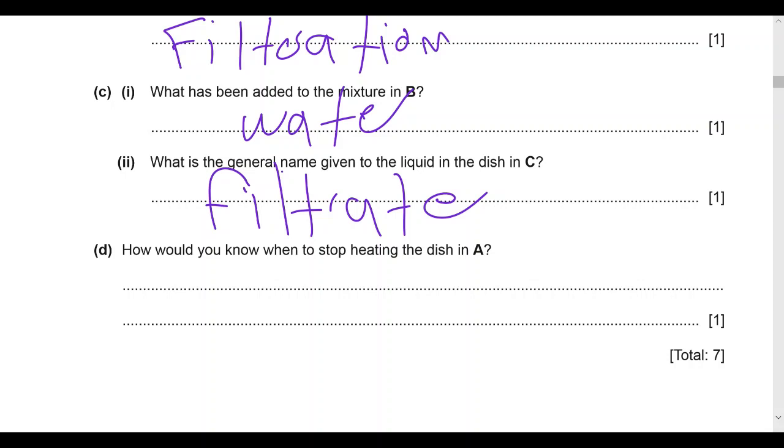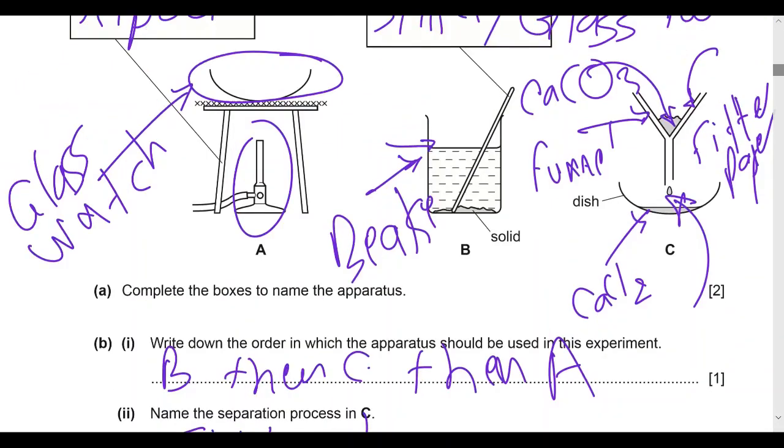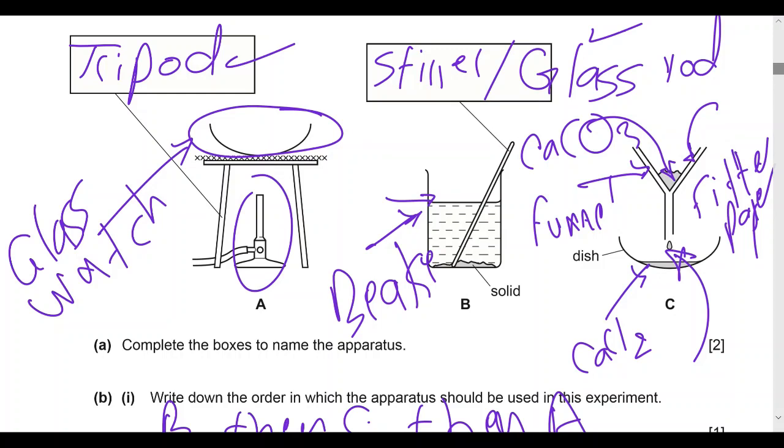Question D, how would you know when to stop heating the dish in A? After that, you transfer this part from diagram C and put it under heating by using a Bunsen burner to evaporate the water to obtain the calcium chloride. So you are going to heat, but when are you going to stop?